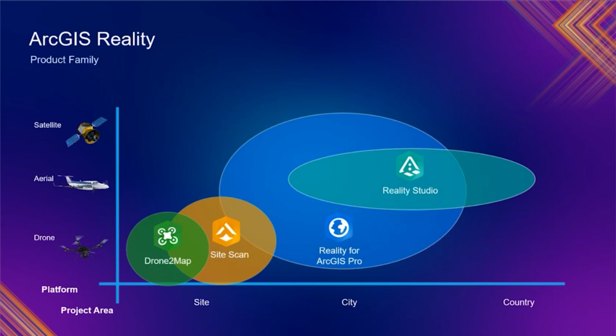Or I can go to something called Reality Studio, which is the latest photogrammetry package from Esri. This is known as ArcGIS Reality. A smaller version of that is also available in ArcGIS Pro. You can use that, or you can directly get into Reality Studio. So these are the options which are available.